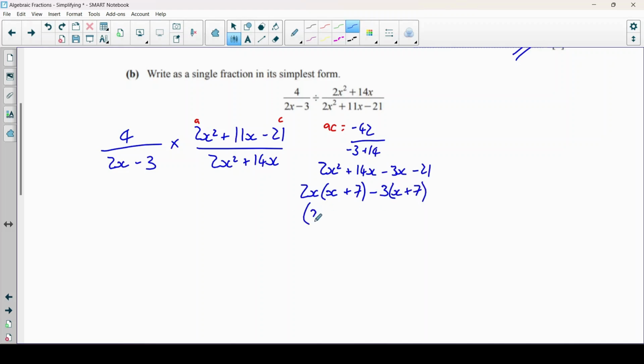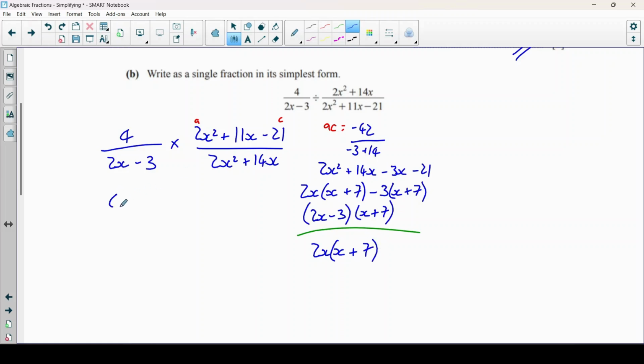So that gives me 2x minus 3, x plus 7. So that's for the top. For the bottom, I think that's just a single bracket. Okay, so 2x brackets x plus 7.